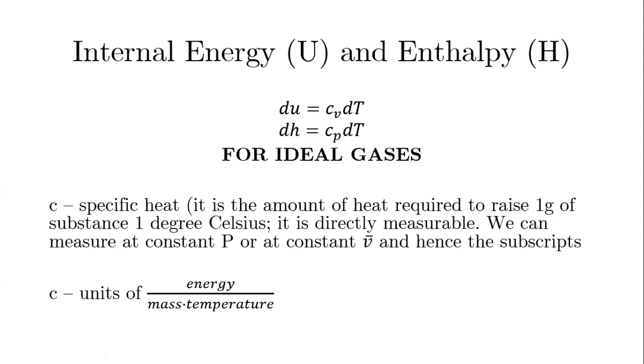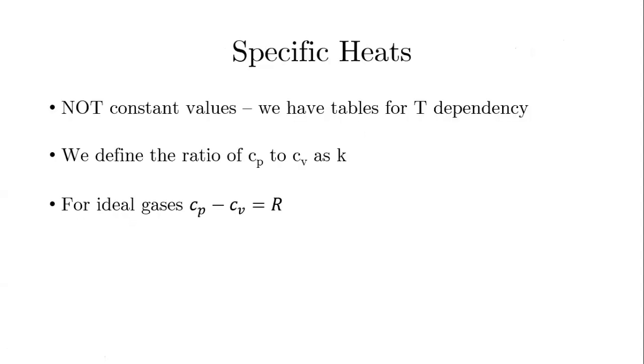Okay. So we can also define the ratio of CP to CV. That's going to become handy when we talk about polytropic systems, as k. So k is equal to CP divided by CV. It also turns out that for an ideal gas, CP minus CV just happens to equal R, which is the ideal gas constant from before, that 8.314 or 0.08206, all these values depending on your unit of measurement.